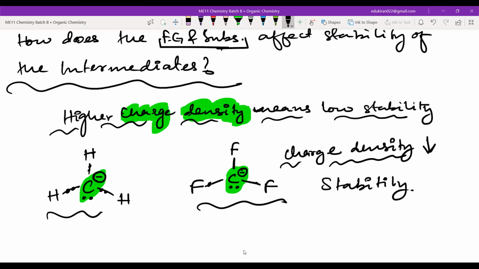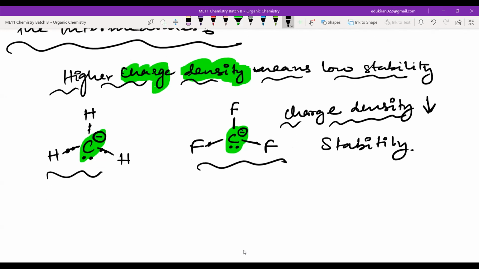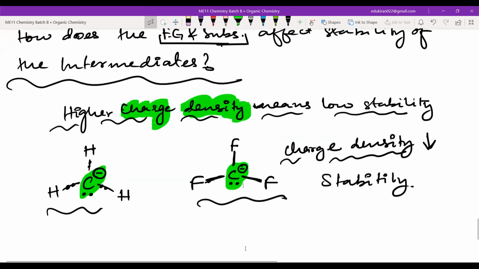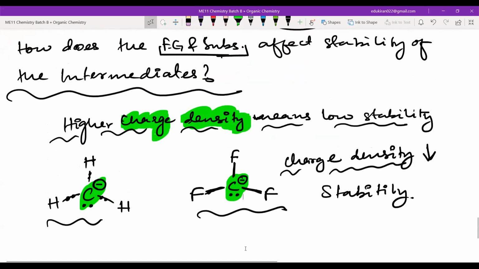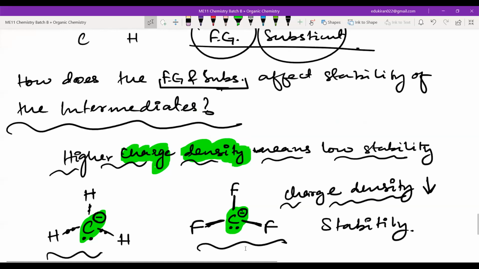Similarly, we will be generalizing these things, and then we will be talking about different groups and atoms when they are combined with a particular center. Essentially, we need to look at the electron displacement effect, and how the electrons are displaced by the effect of different substituents or functional groups. So what did we start with? How does a functional group or substituent affect the stability of an intermediate?